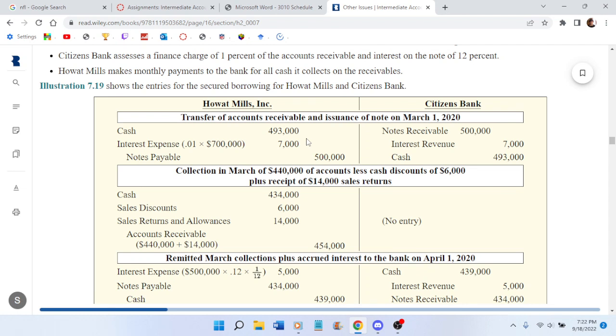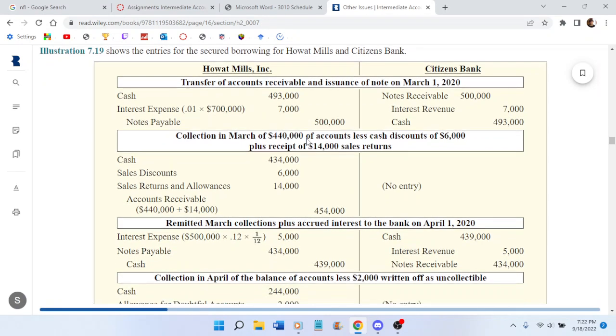What? Why is this? Now I'm confused. Plus sales discounts. What? Rebated March collections plus accrued interest.